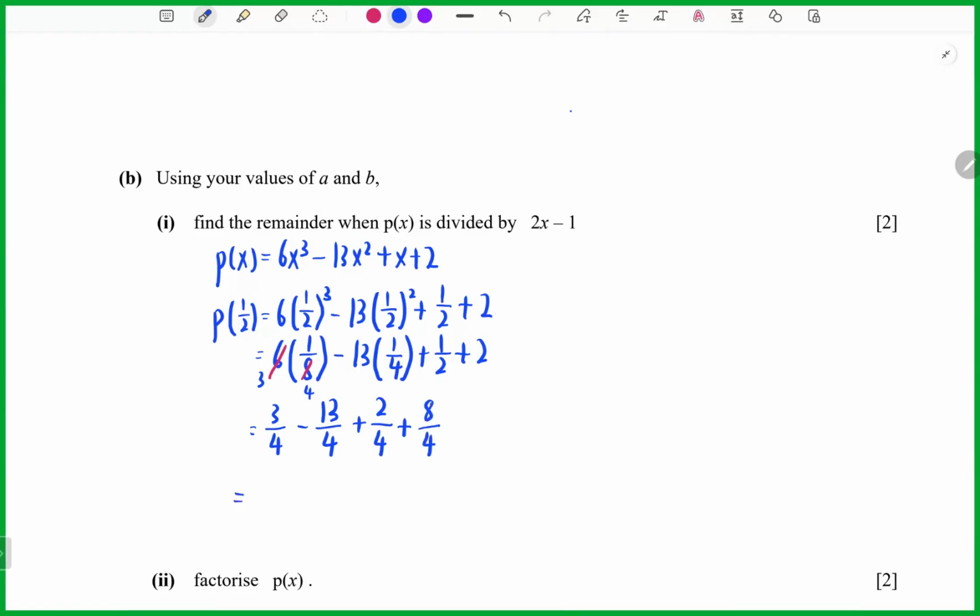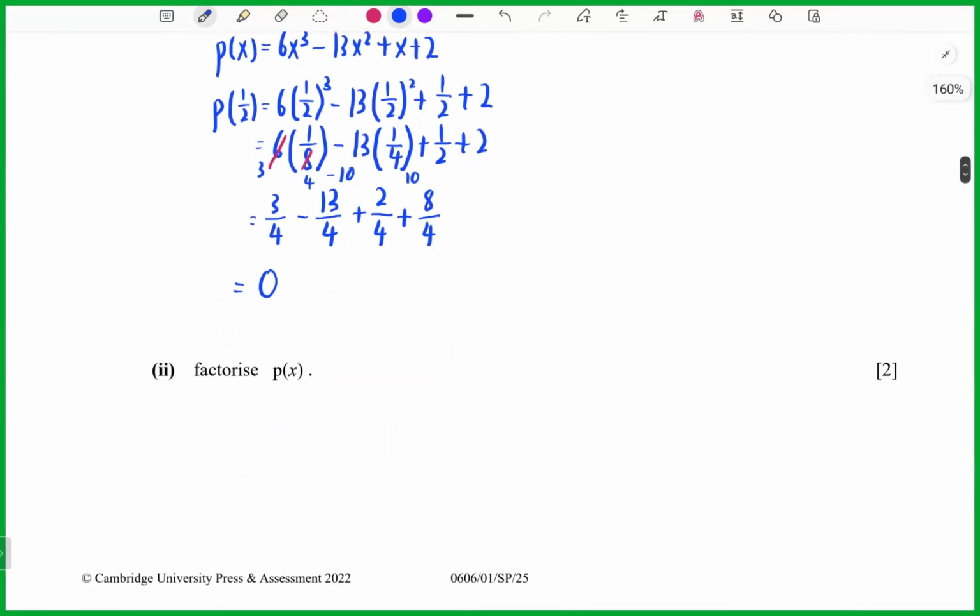Now here you will get 10 and here you get negative 10. Negative 10 plus 10, so you will get 0. So the remainder is actually 0.